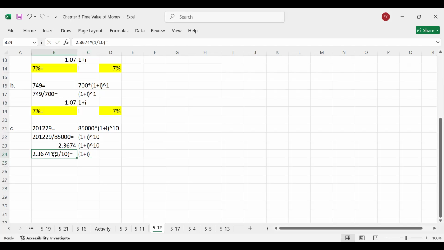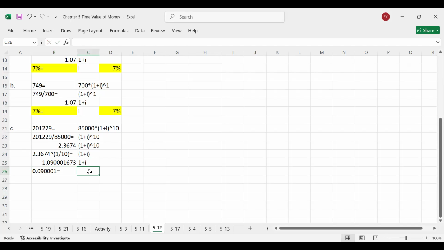So when we solve this, we get 1.09. On the other side we have 1 plus I, and we take this 1 to the other side of the equation. So when we deduct 1 from 1.09, you get 0.09.